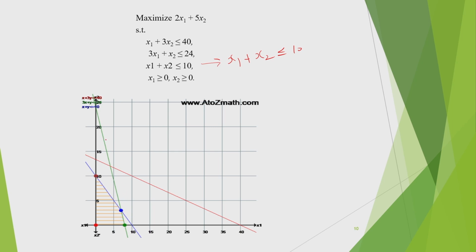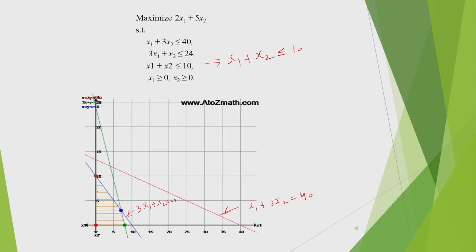This is the first constraint, x1 plus 3x2 equal to 40. Another one is 3x1 plus x2 smaller than 24, so that means x1 is equal to 8. This line is 3x1 plus x2 equal to 24.